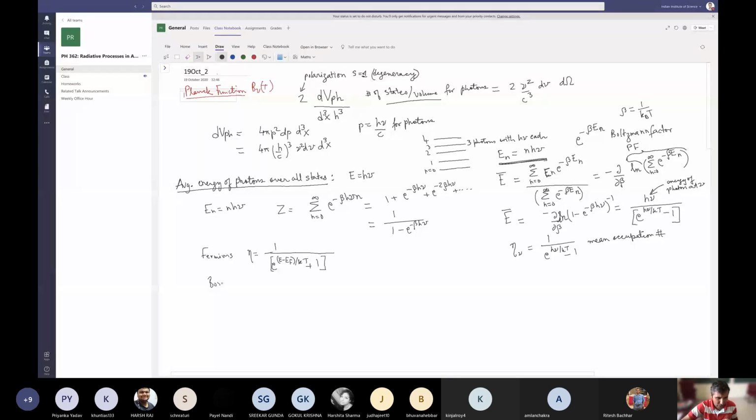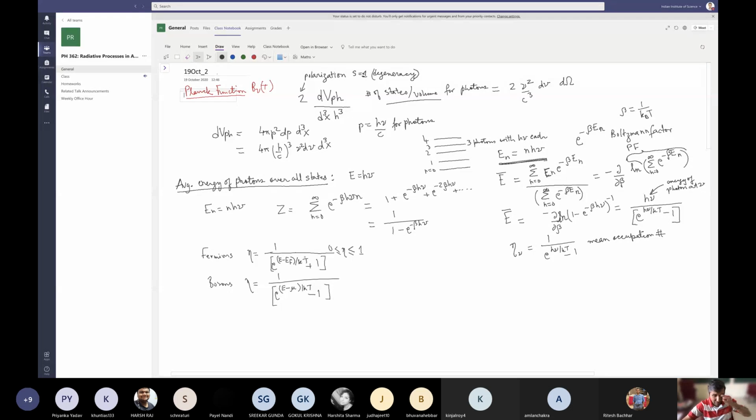For photons, being bosons, the mean occupation number is eta equals 1 over e to the (E minus mu) by kT minus 1. So this is for bosons. For fermions, you can see eta is always less than or equal to 1 and greater than or equal to 0, right?